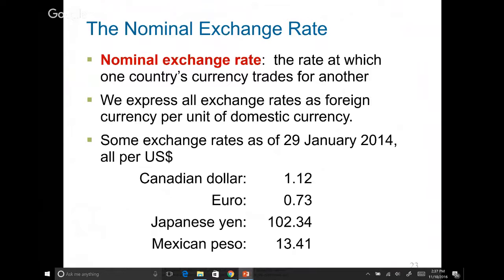The reason the peso became cheaper is that many investors believe that once Donald Trump becomes president and enacts all his policies, the demand for pesos will go down. Because if Donald Trump takes away NAFTA, and if we put restrictions on trade with Mexico, then there's lower demand for Mexican pesos. So the demand for the peso goes down, therefore the value of the peso goes down. So that's what happened with the peso.